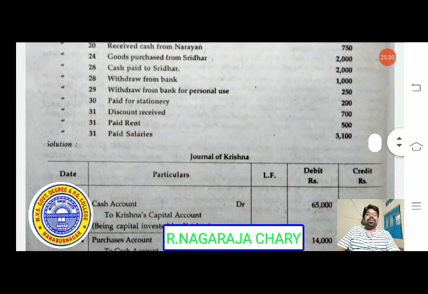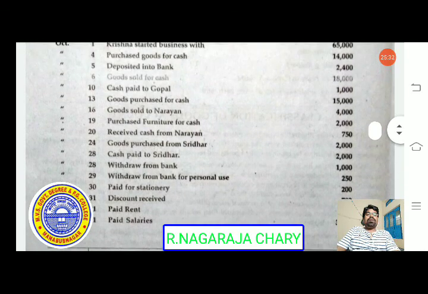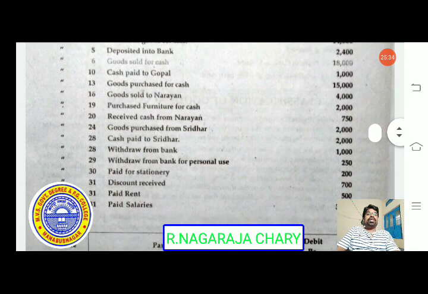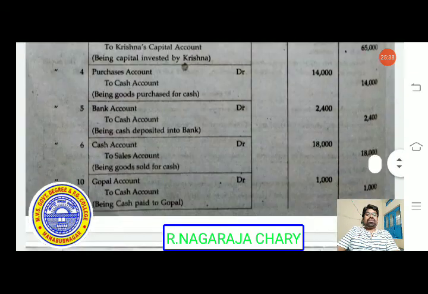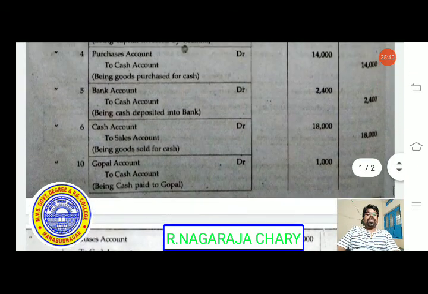Okay. Next one, on the 6th date, goods sold for cash, that is 18,000. When we are selling goods, cash account debtor to sales account, as we discussed earlier.